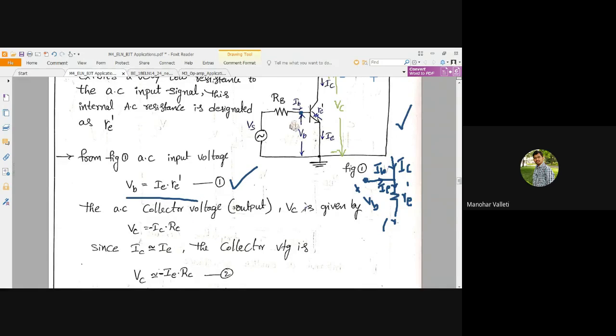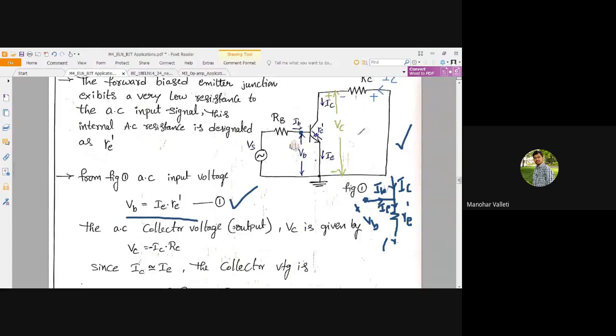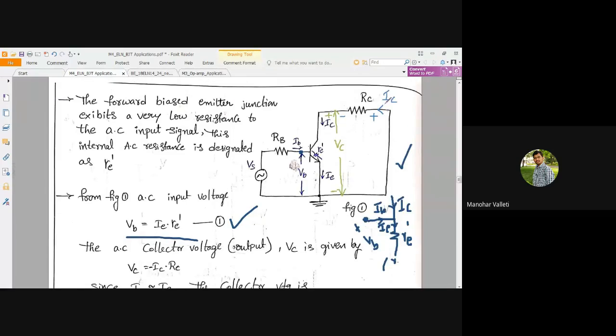And if you want to find VC, please note the IC current will flow into the transistor. So the IC current direction is like this, and for the polarities across RC, wherever current is entering there is plus, and wherever current is leaving there is minus. If you consider the current direction like this and apply KVL, always consider the second sign.